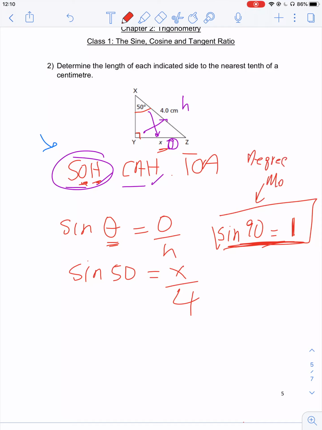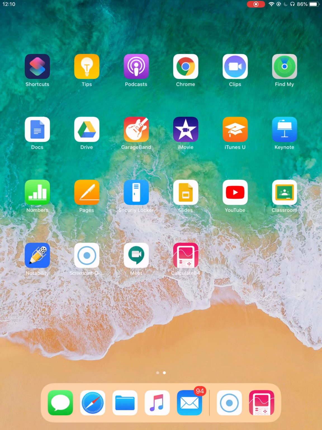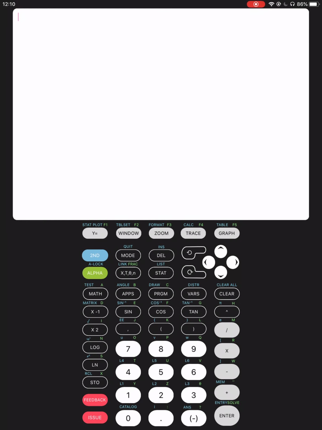Anyway, now that that's done, why don't we solve for x? To solve for x, you just need to get rid of the 4, so multiply by 4 on both sides. So x will equal 4 times sine of 50. Let me go back to my calculator. I think I changed my mode to degree mode, but I will check again.